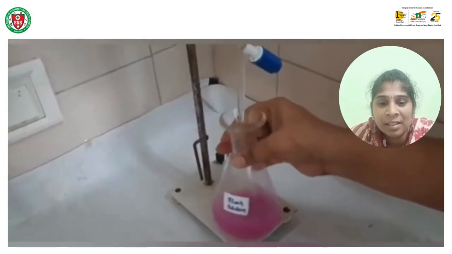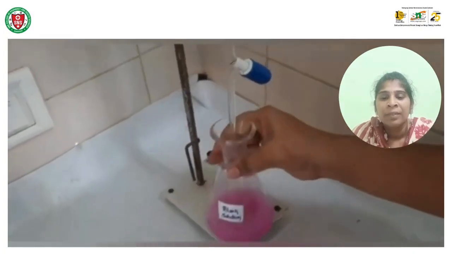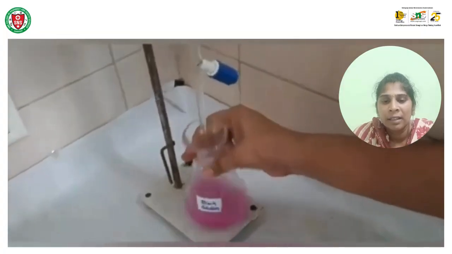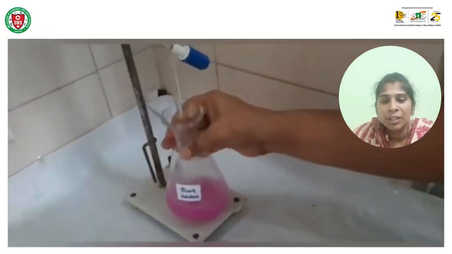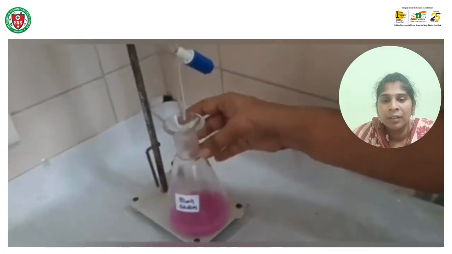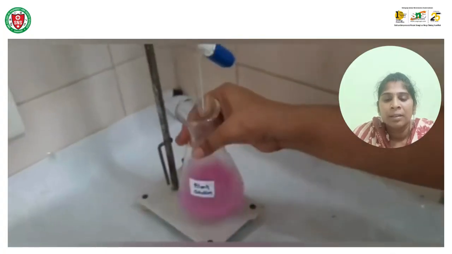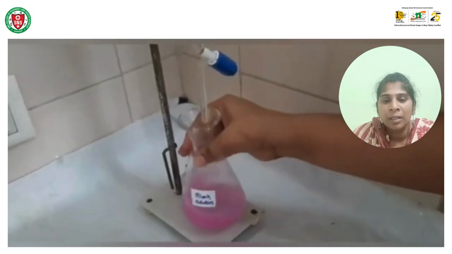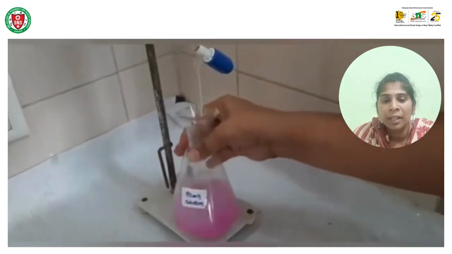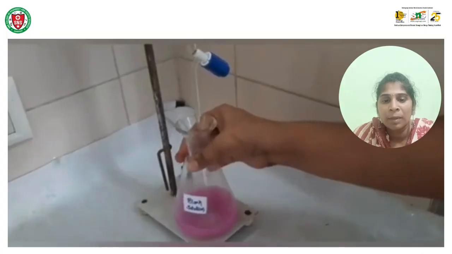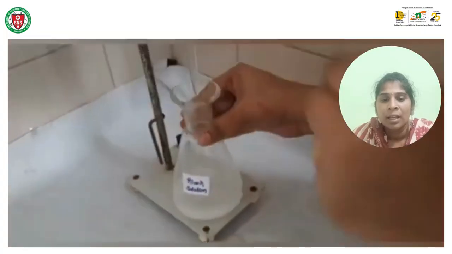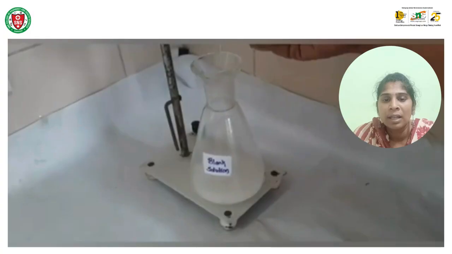With continuous shaking, we will obtain the colorless end point. When the sulfuric acid is dropping down from the burette, there should be continuous shaking. Now the blank also turns colorless.